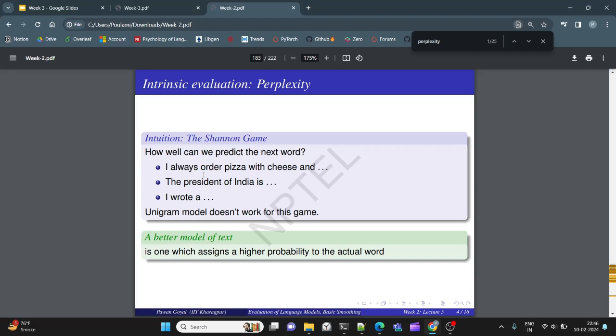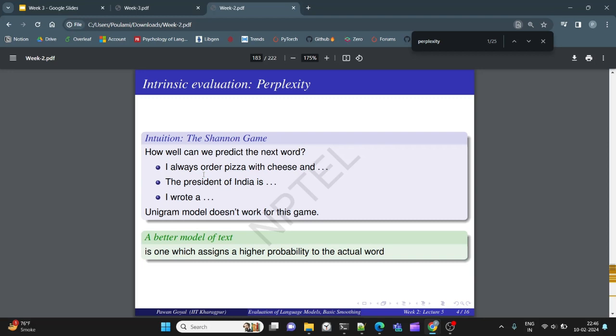Here we expect the model to generate words which are valid and legitimate, and which would go well with the context of the sentence. So for example, I always order pizza with cheese and paneer.